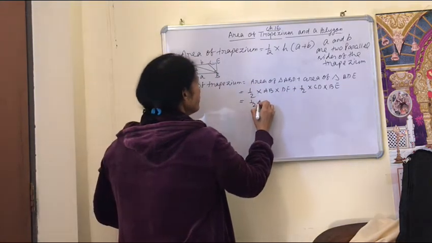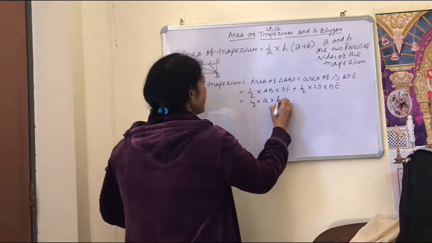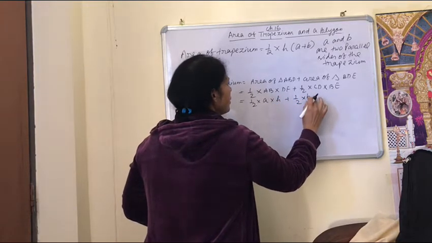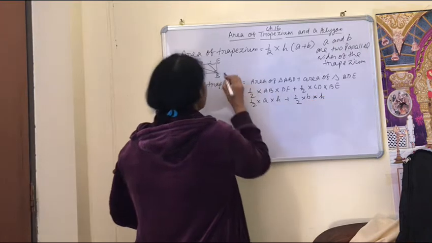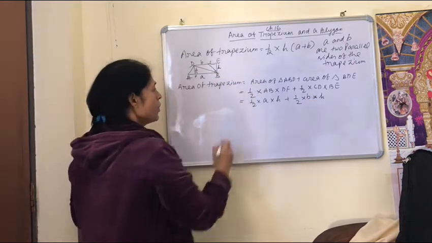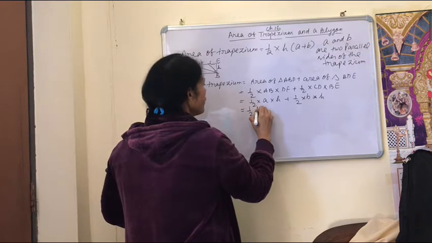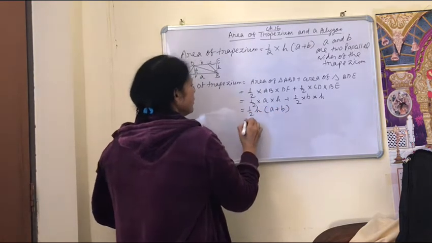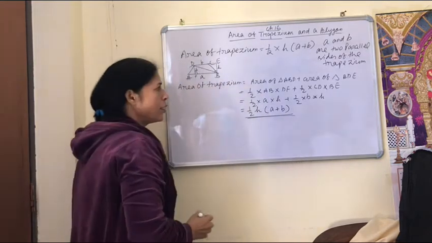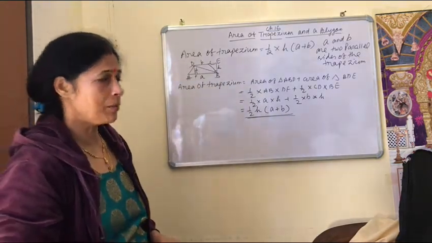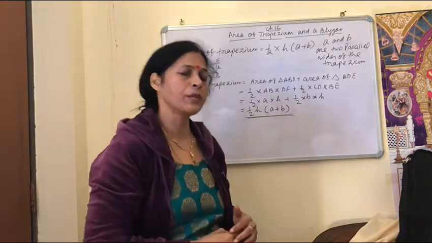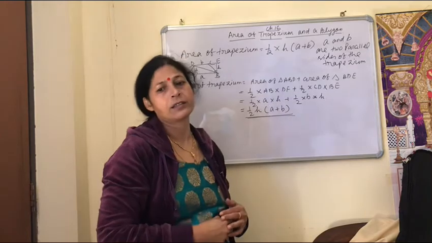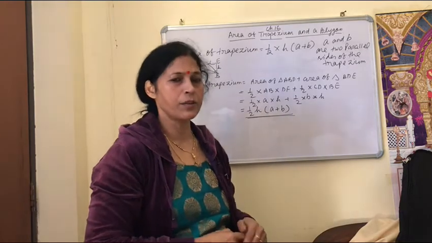So half into a into h, plus half into b into h. Take common half h, (a plus b). So this is the formula, area of trapezium. You have to remember the formula: area of trapezium is half into height into sum of two parallel sides. Clear?